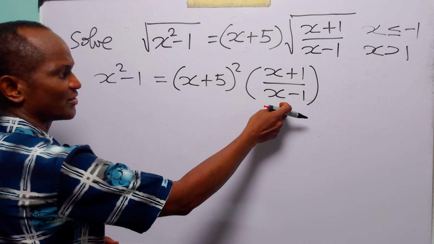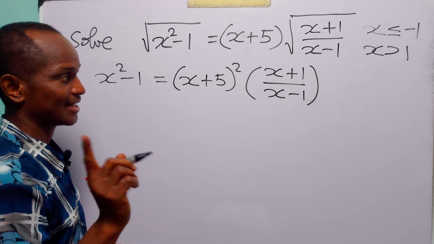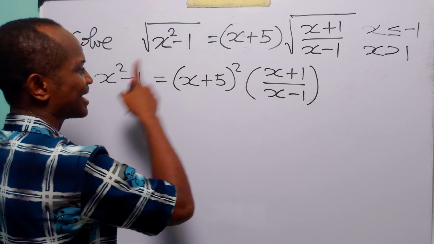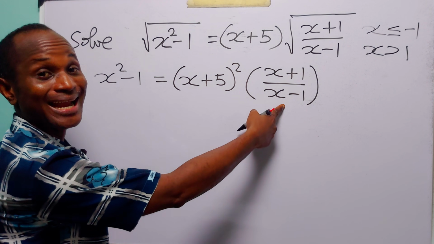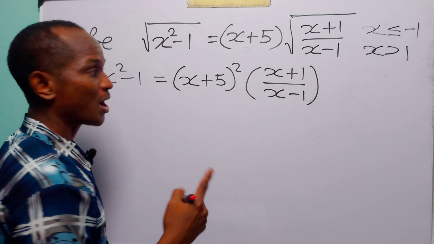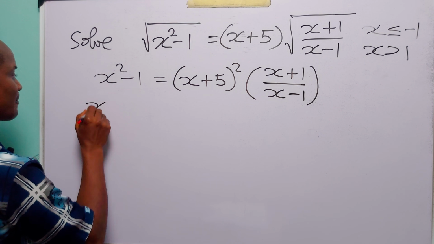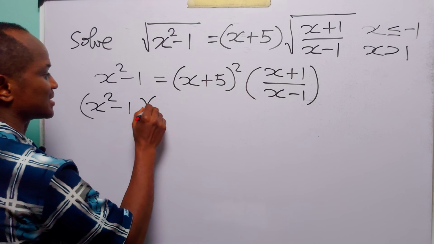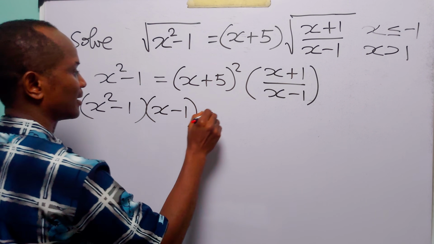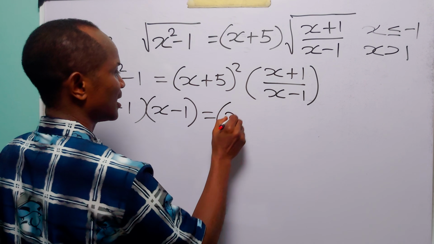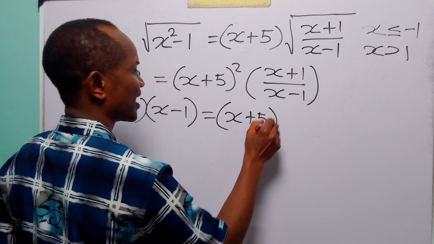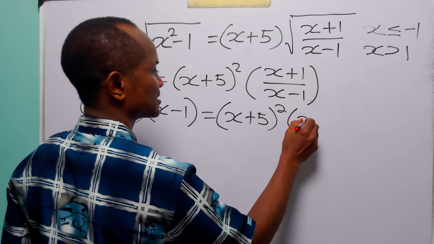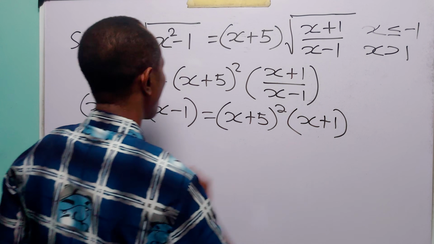Now let us get rid of this fraction on the right-hand side. To do that, we multiply both sides of this equation by x minus 1. When we do that, we have (x squared minus 1) times (x minus 1), and this is equal to (x plus 5) squared times (x plus 1).